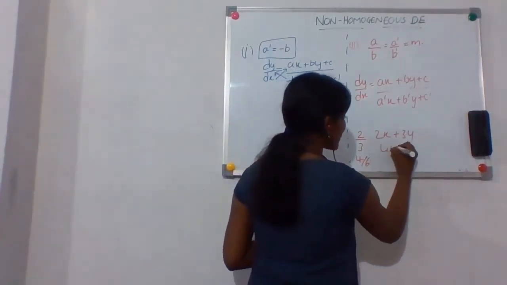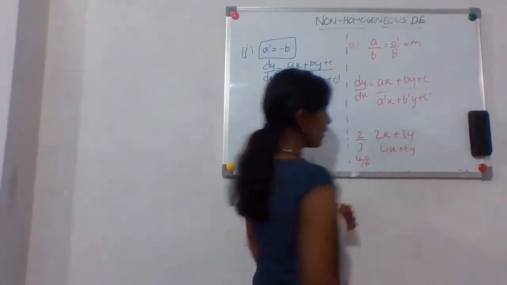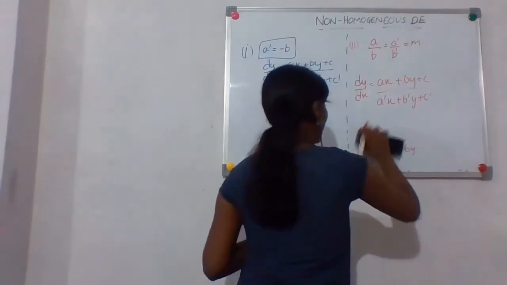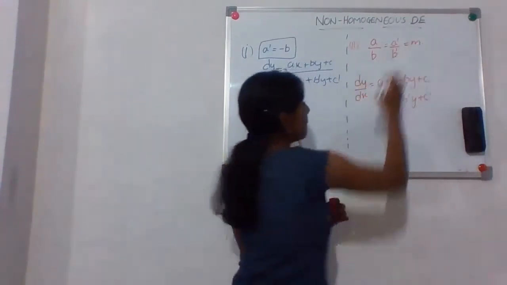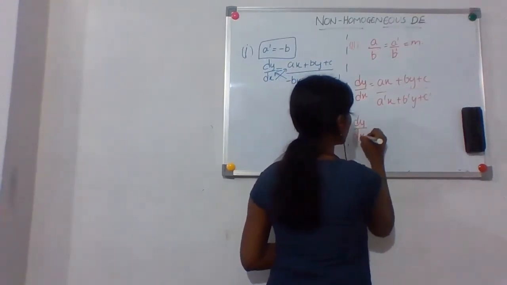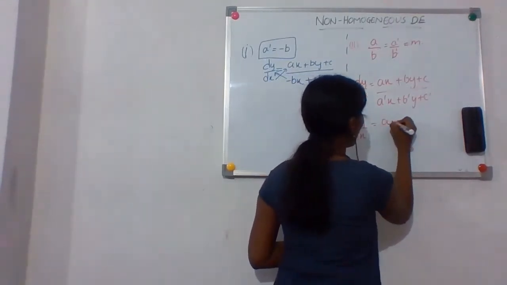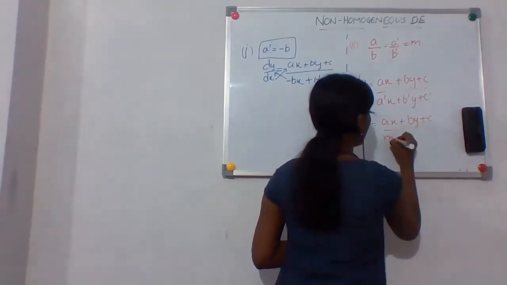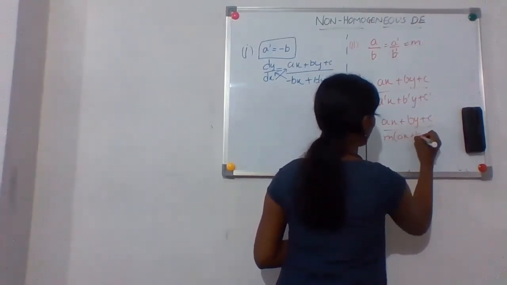So 4x plus 6y is the same thing. So that is why if I take this as m, then what will happen? dy by dx is equals to ax plus by plus c by m into ax plus by plus c dash.